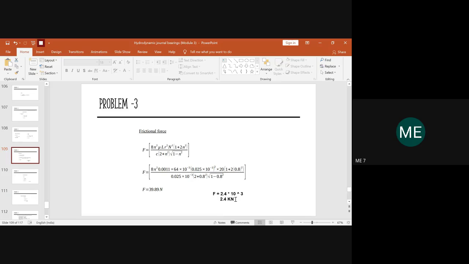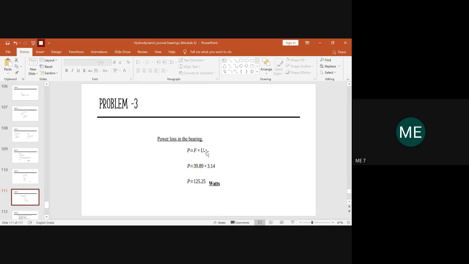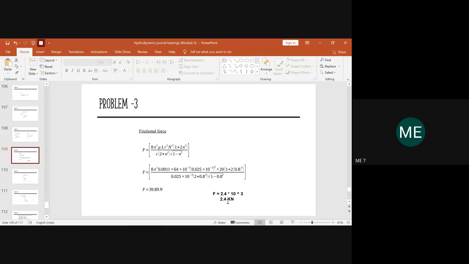So now multiply 2.4 kilonewton into the velocity with which it is revolving. The velocity value is the same, so it is 3.14 into the frictional force, which is 2.4 kilonewton.